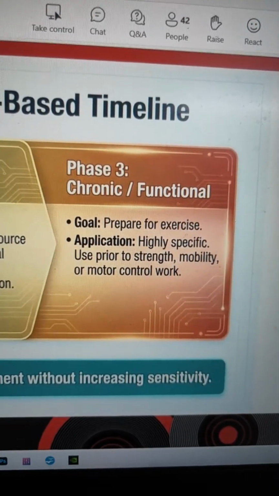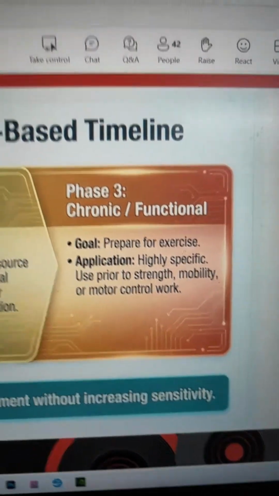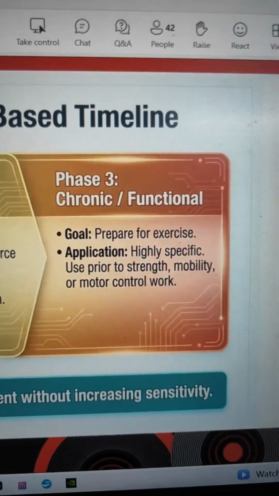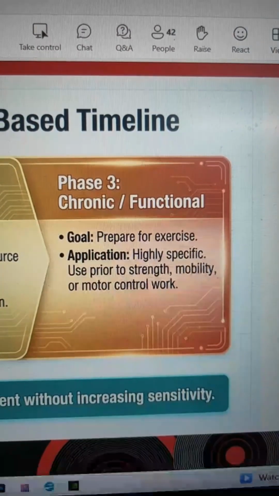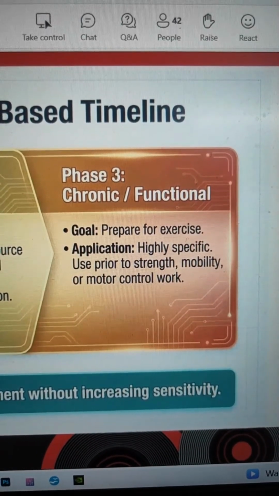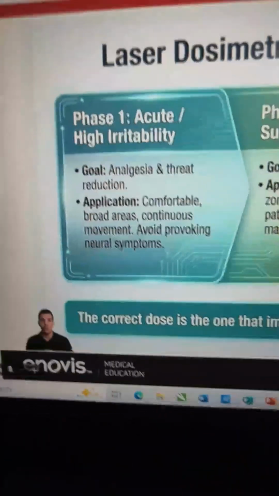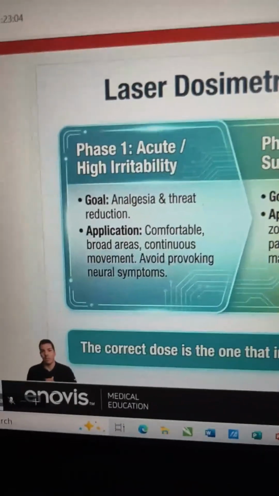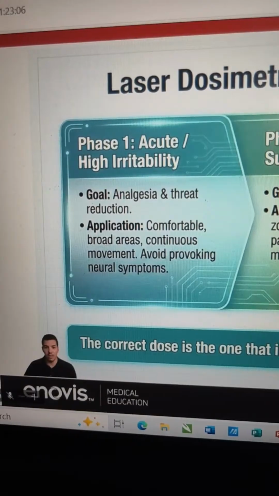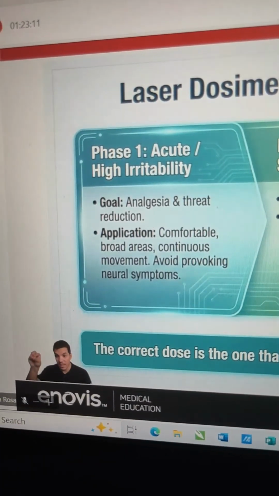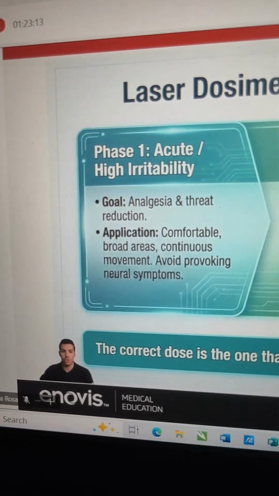And in the more chronic or functionally oriented phases, the application should be much more specific and somewhat more aggressive. We're talking here that if our laser allows it, it will definitely work above 15 to 20 or around 20 watts, from 15 to 20 joules per square centimetre, always in contact and continuously to ensure the maximum energy density can penetrate and reach deep into the target tissue.